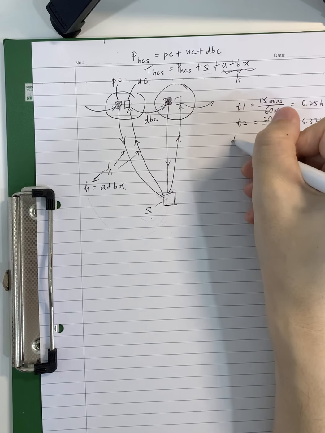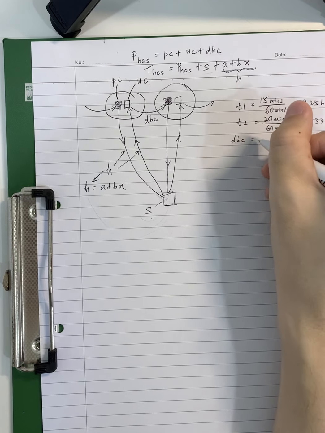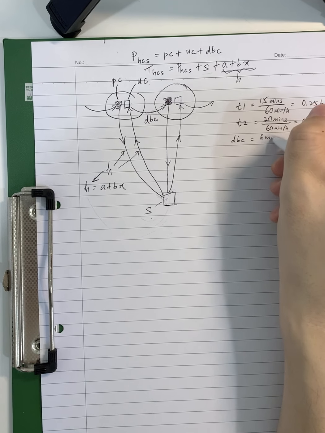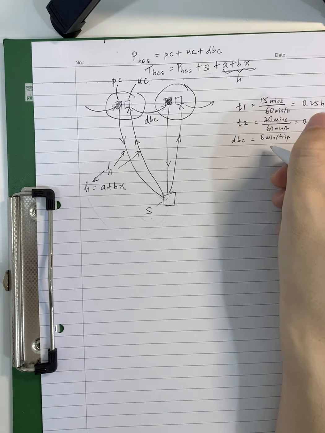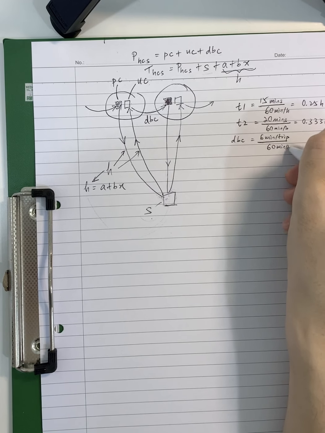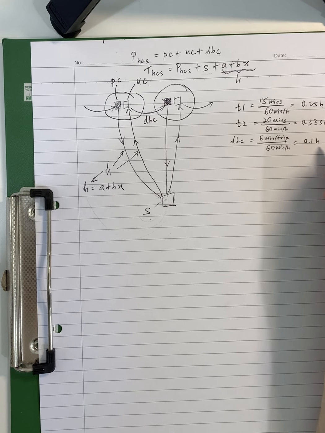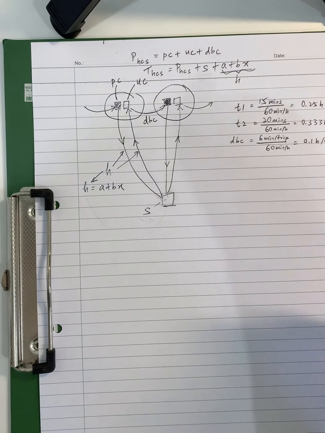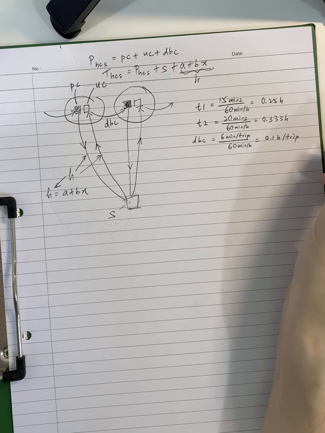And then we have the drive between containers. The drive between containers we are given here is 6 minutes per trip. We can convert it into hours by dividing by 60 minutes per hour, so we should be getting 0.1 hour per trip.